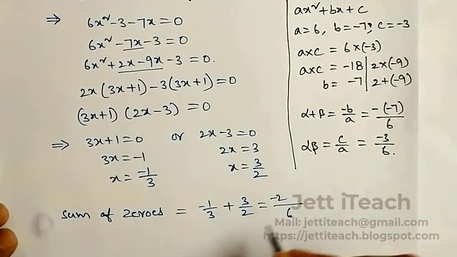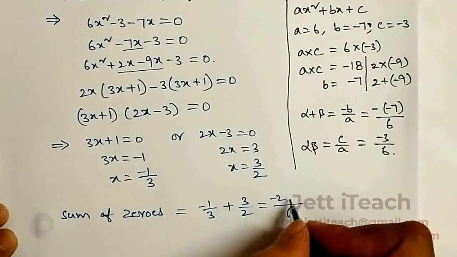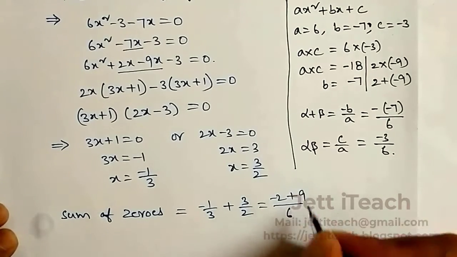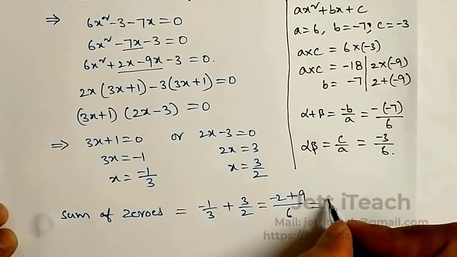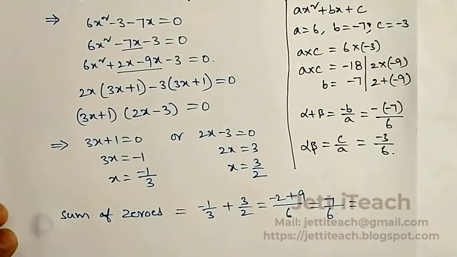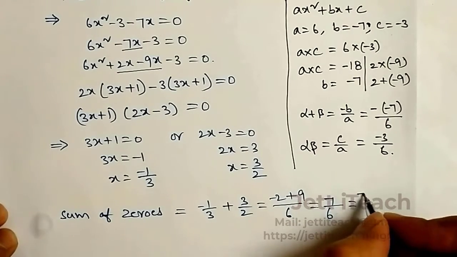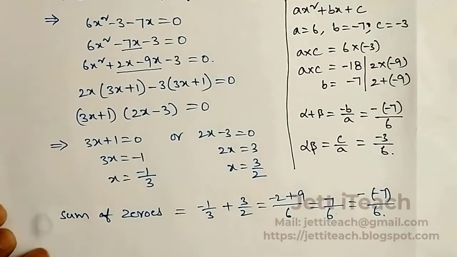Minus 2 will come, and multiplying this, plus 9. Which is equal to 7 by 6. You can write 7 as minus of minus 7 by 6.